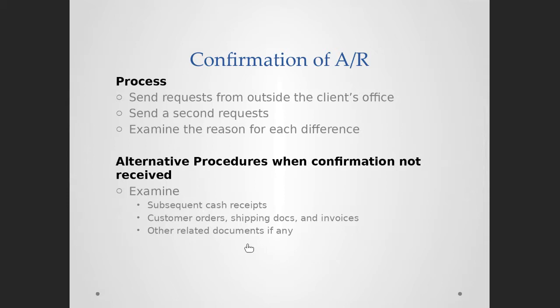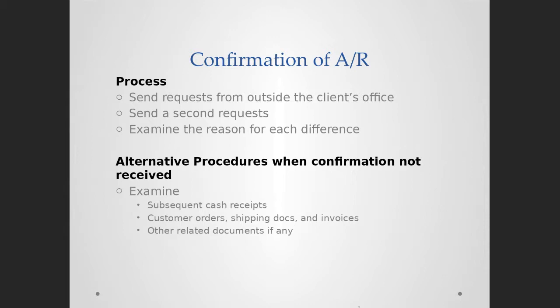You look at a sample of balances and you confirm and use these other procedures to make sure that the entire accounts receivable balance is reasonable. So you can give an opinion on whether the accounts receivable balance is fairly stated or not. Clear?